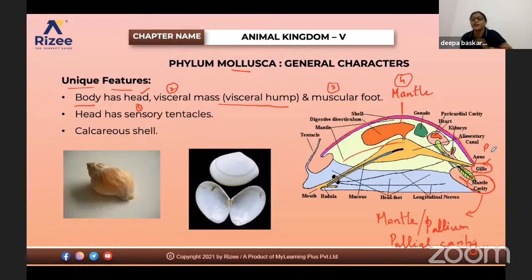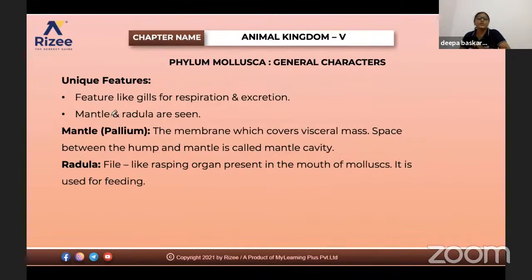Gills are the respiratory organs for mollusks, most of which live in aquatic environments. In the head, they have tentacles acting as sensory organs. Calcareous shell means their shells are made up of calcium carbonate. They have gills for respiration and excretion.